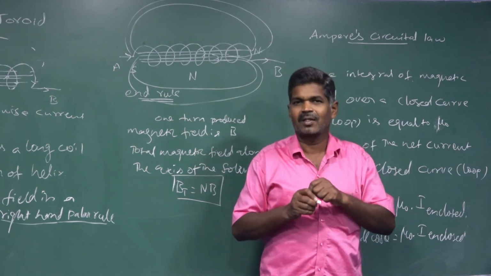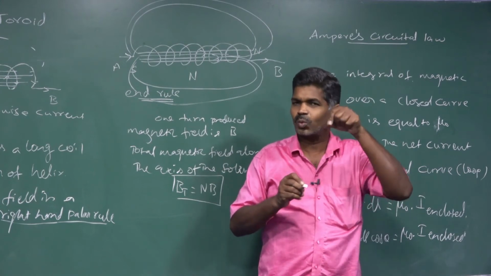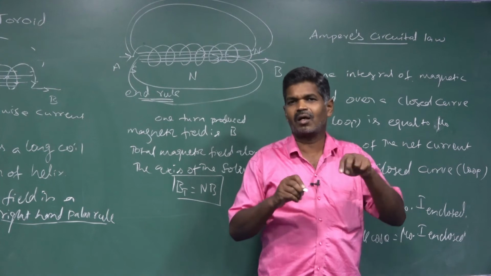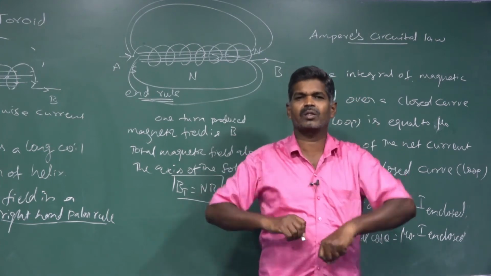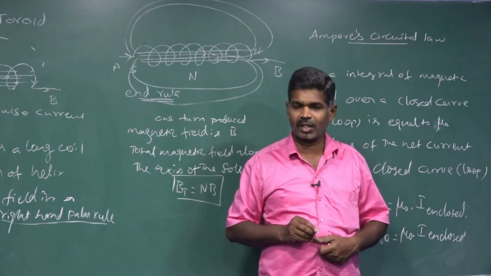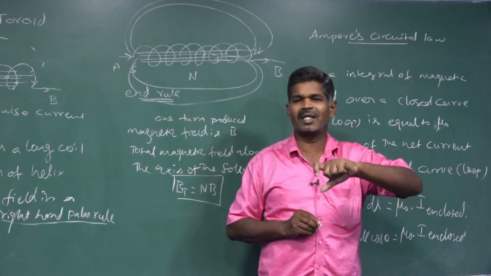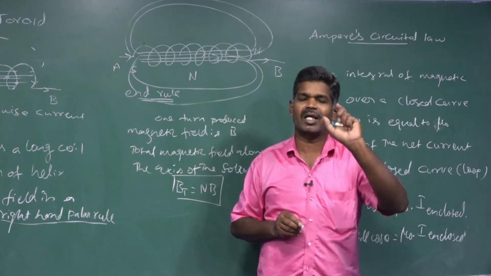But in our infinite long solenoid, the magnetic field is produced only inside the solenoid, not outside. The outside magnetic field is 0. That's why we take a very long, infinite long solenoid. Through it we supply a current, and then we produce a magnetic field along its axis.